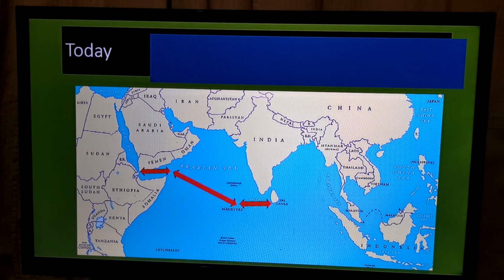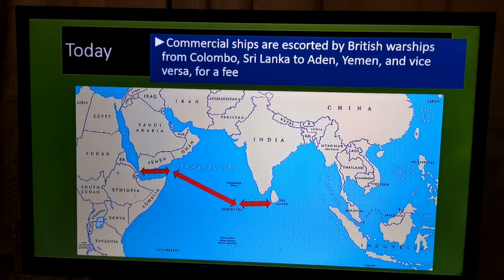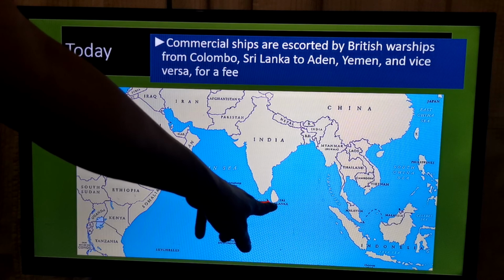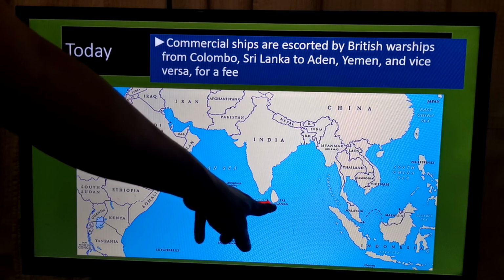No choice, but you just have to pass by the troublesome waters. Now, the solution that is happening today is that these commercial ships are being escorted by British warships from Colombo, Sri Lanka. This is Sri Lanka, the island here. There's a city here called Colombo.